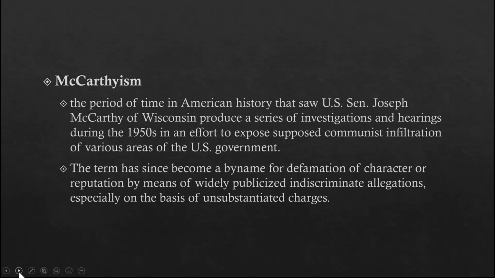We all know that, according to the government at this time. And so there were a series of investigations and hearings that were held in the Senate because these are serious allegations, and some of them were made on things that weren't really real. So it was referred to as a witch hunt, which is why Arthur Miller made the connection between this and the Salem witch trials, which was literally a witch hunt.